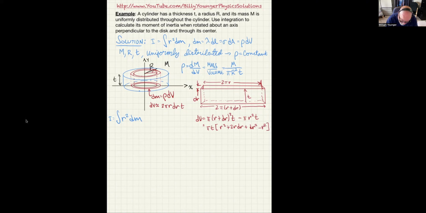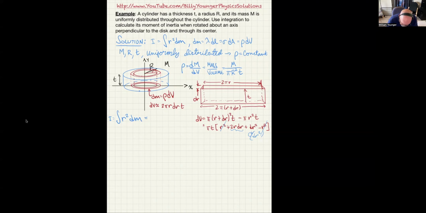And you can see, of course, that the r squared cancels out with this r squared, and then this gives you the 2 pi r t times dr. This is on the order of dr squared, so we can ignore it, because if dr is infinitesimal, then dr squared and dr cubed and dr to the fourth power should always be even smaller infinitesimal. So now we'll just go on with that.